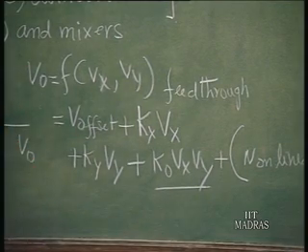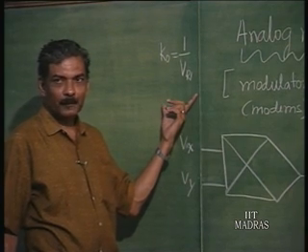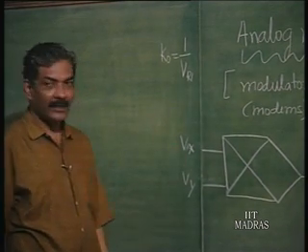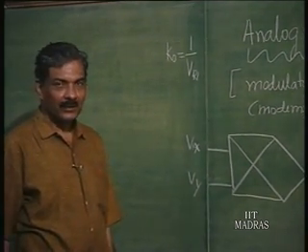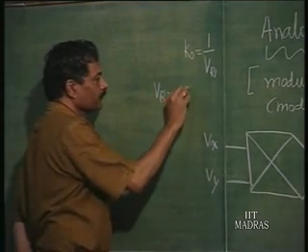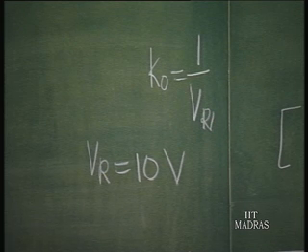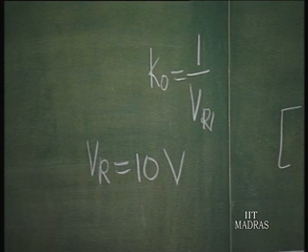So, it is a dimension of 1 over some V reference, and in a standard multiplier this has been made equal to 10 volts. In a precision multiplier available as IC multiplier, this V reference has been chosen as 10 volts.